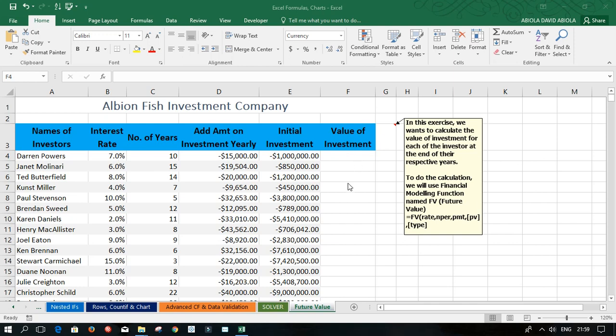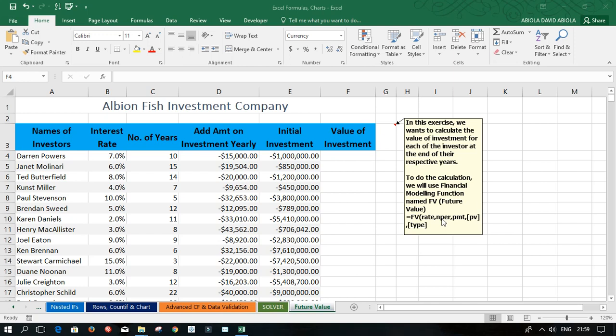So to do that, I'm going to use FV, that is future value, and future value is how much investment will be worth in the future. So that's what we want to do, and this is the argument of the future value. This is a financial modeling function. You can see this is future value, and the first argument is the rate, and this NPER is the payment period.